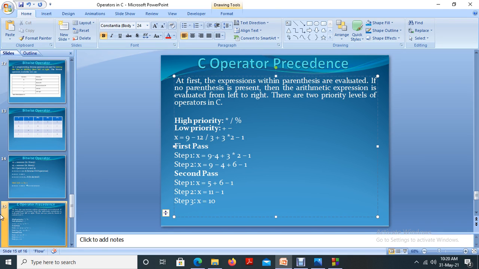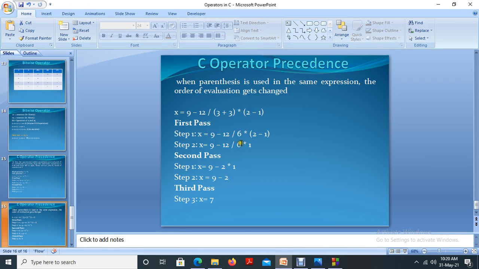I will explain with the expression with parenthesis. When parenthesis is used in the same expression, the order of evaluation gets changed. For example, in this case, we will give the highest priority to the operators within the brackets or parenthesis. In this case, 9 minus 12 divided by, inside the bracket, 3 plus 3 star 2 minus 1.